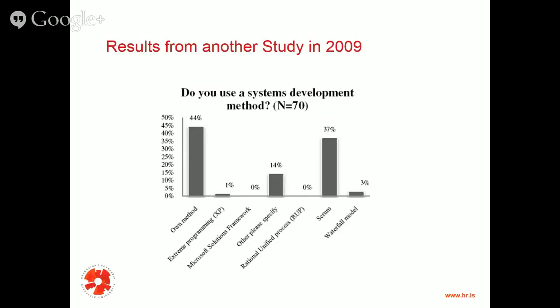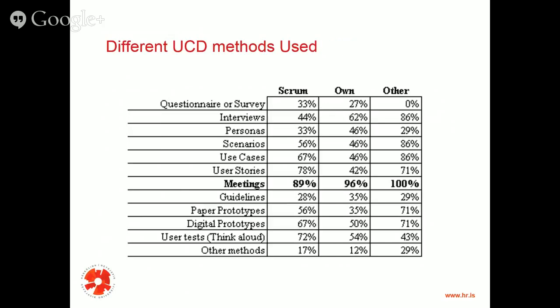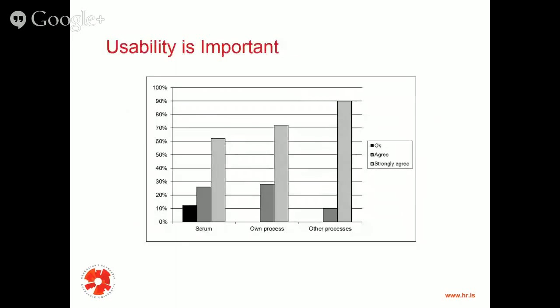Okay, but because Scrum was new at this time, and there's a lot of speed in agile development, I was interested whether they have time to contact users. Do they have time to emphasize usability? And I was a little bit disappointed when I got this answer, that asking if usability is important, it got the lowest rating by the participants using Scrum.